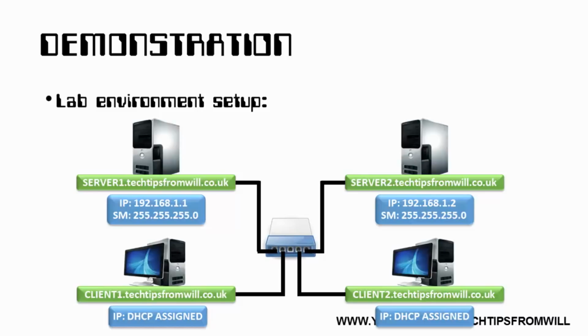Another point to bear in mind is that, after you delete the relationship, the scopes that have been added to the relationship are only retained on the server from which you deleted the relationship. For instance, if I were to log onto server 1 and delete the failover relationship, the relationship will immediately go away.